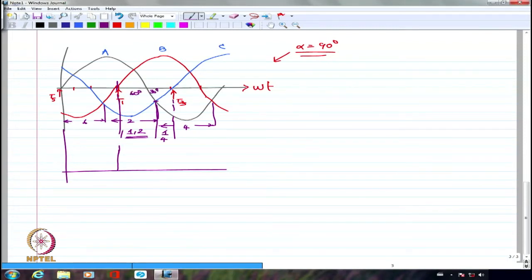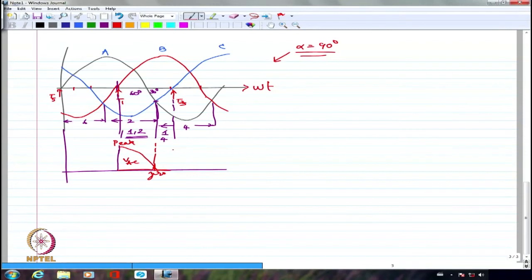So totally 90 degrees I am getting 1 and 2 conducting. That means it should start from the peak and come down to 0. So I should have essentially this part of the sinusoid as VAC. It is starting from the peak and ending up at 0. And when it is freewheeling, I am going to have 0 voltage clearly.